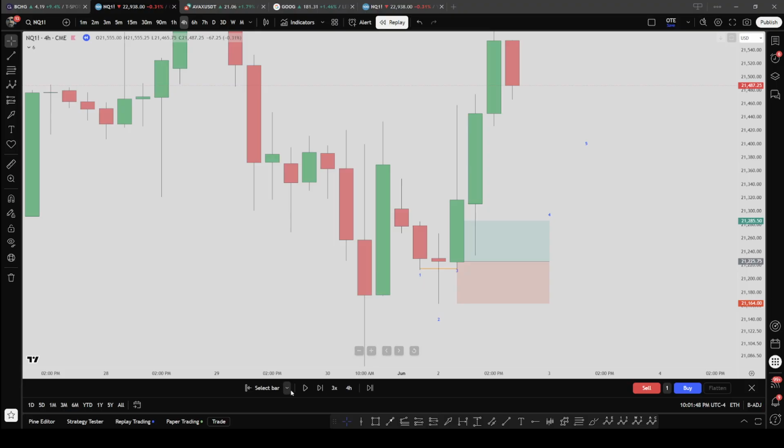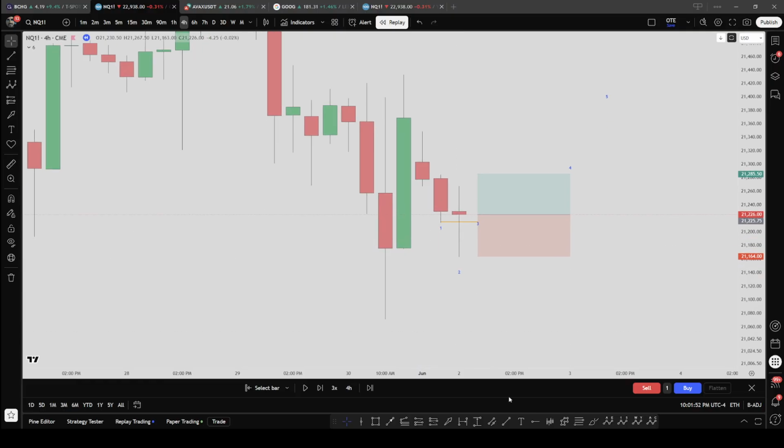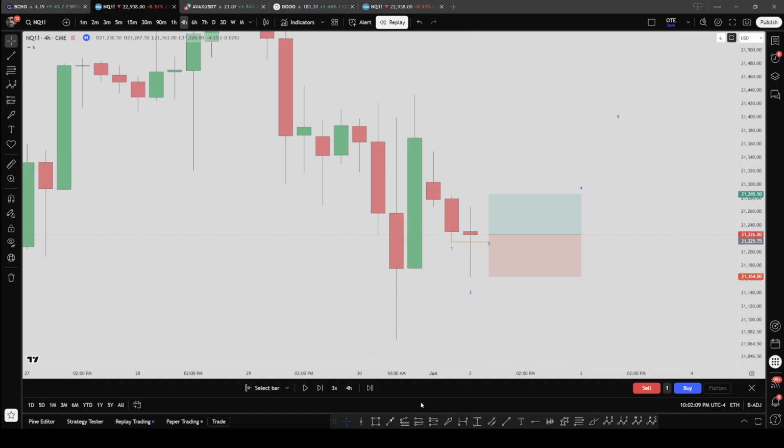Now if we go back to this, the way this framework would work again, right? Since we're on the 4 hour, every 4 hour candle is like 6, 10, 2. So 6 p.m., 10 p.m., 2 a.m. to 6 a.m. to 10 a.m. and so on. So in this case, we have a 2 a.m. reversal.